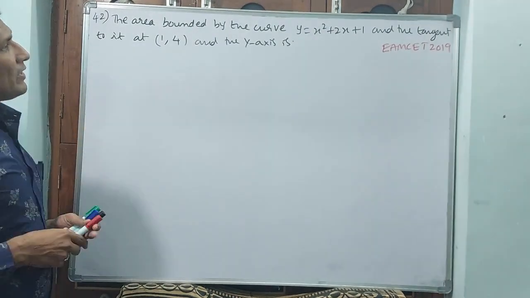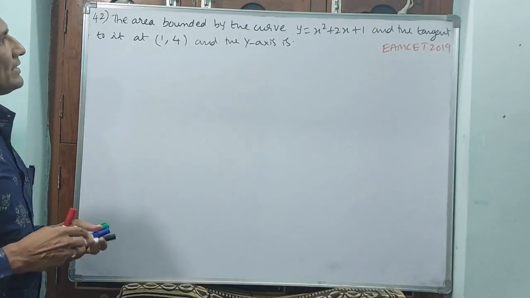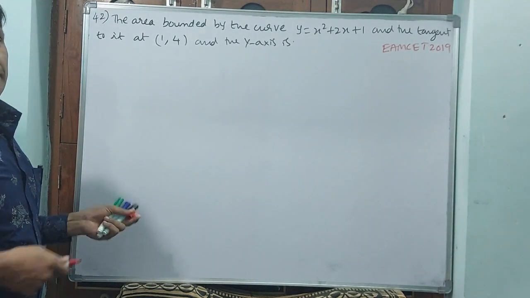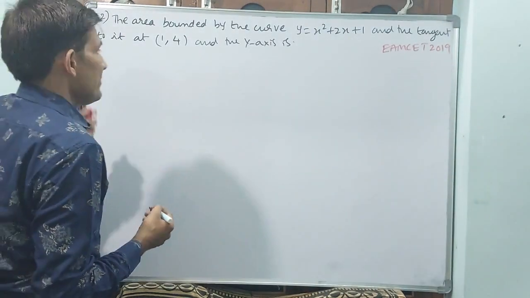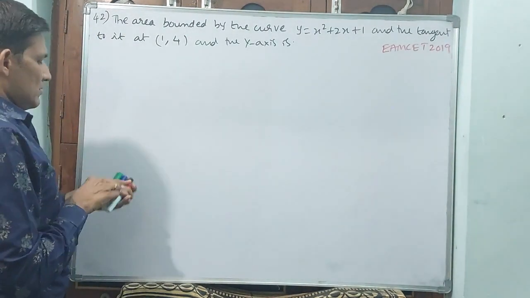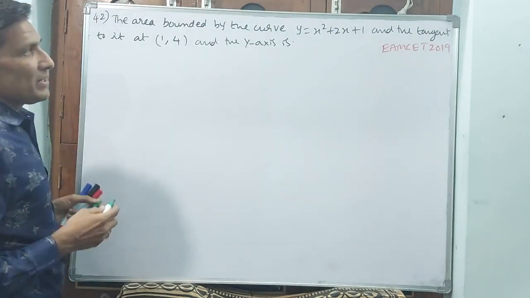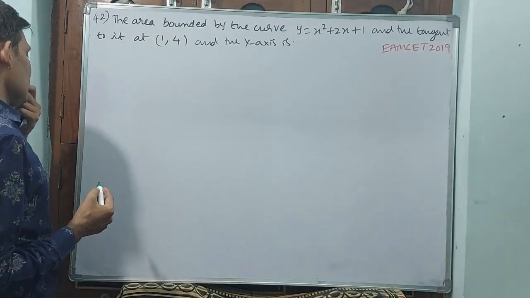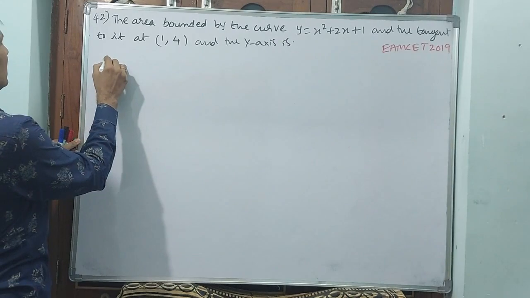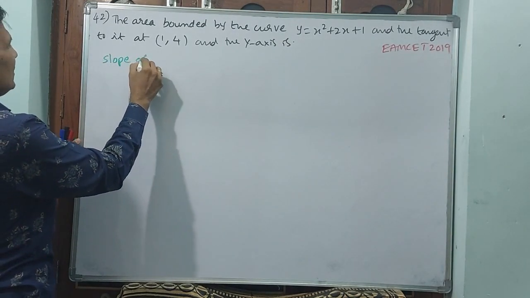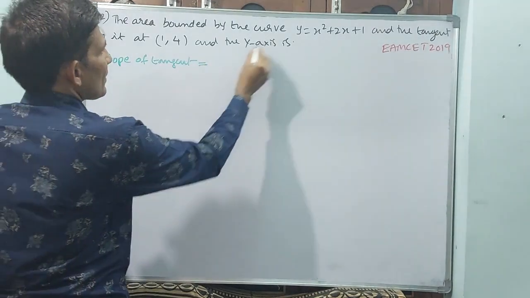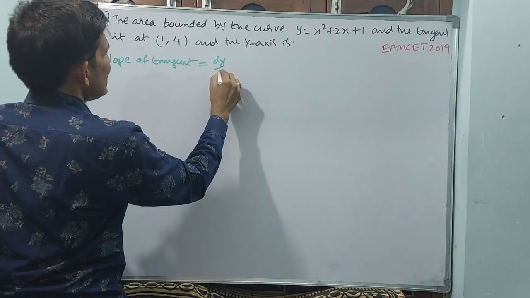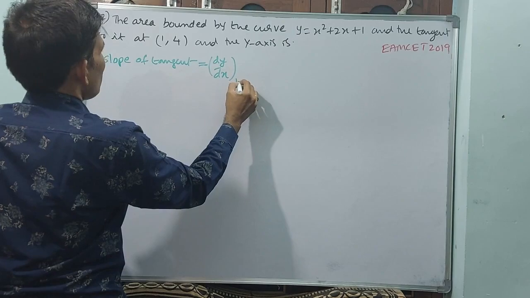How are you going to find this tangent? Okay, tangent. Tangent I am writing. Tangent means slope of the tangent. Slope of tangent is equal to dy by dx at 1 comma 4.